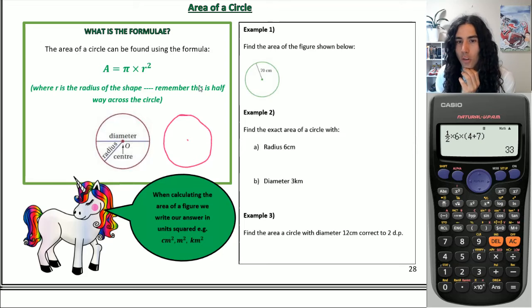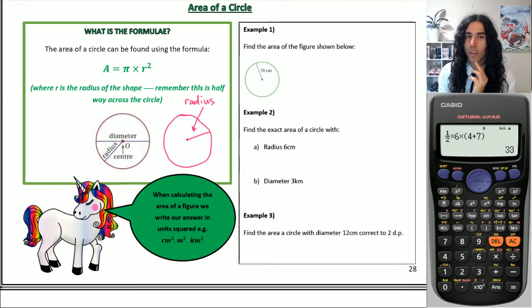The distance from the center to the outside is the radius. So on this diagram, I'm just going to leave the radius here. That's what we call the radius, the distance from the center to the outside. The diameter is from one side to the other through the center.